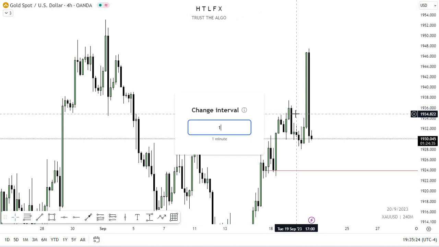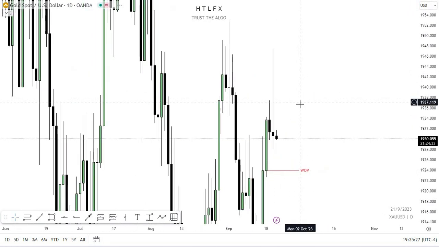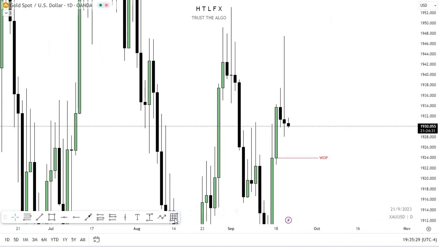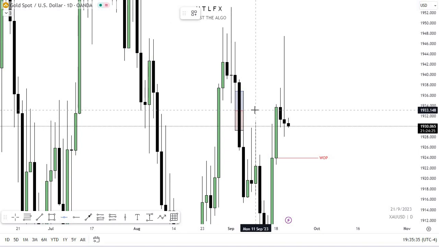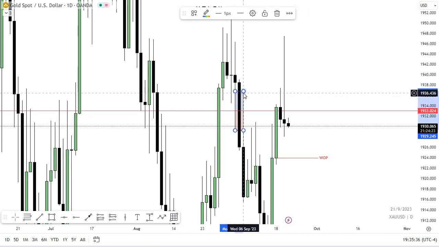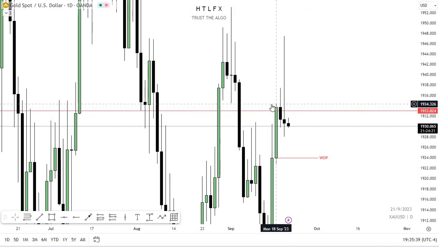Let's go back to the daily time frame. As you can see here, I said that beautiful fair value gap with a consequent encroachment right here. Look at this. The daily candle closed above it.